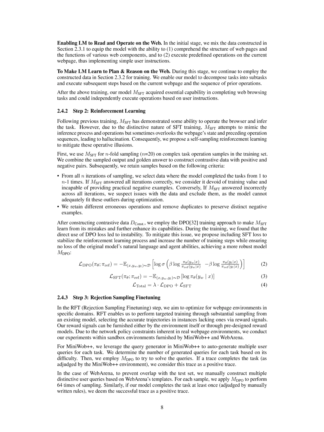By combining SFT loss with DPO loss, the model, now denoted as M_text DPO, stabilizes the reinforcement learning process and increases the number of training steps while maintaining its natural language and agent abilities, resulting in a more robust and proficient model ready for further training and optimization.